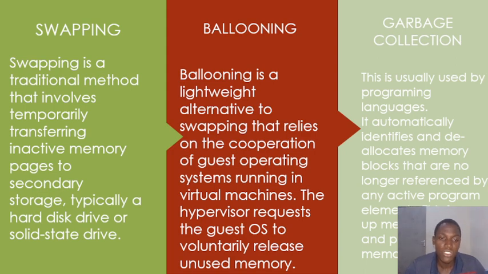So the moment you transfer these memory fragments or this unused memory to a secondary storage, there might be latency, that is the lag when accessing this memory from the secondary storage.